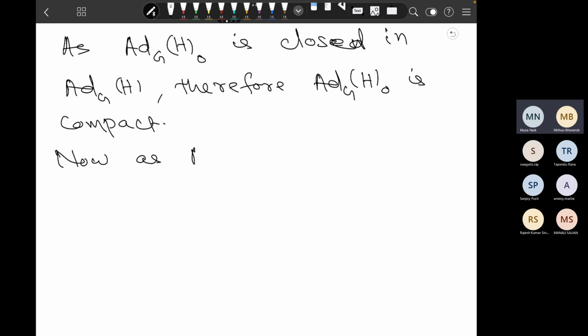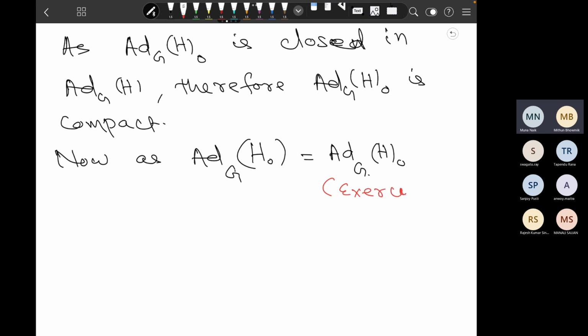as RGH0 is equal to really RGH0. Sorry, I should write this thing. RGH0 is equal to RGH0. So this requires a little bit of work. You can do that. Okay. This is really, you can assume that, or you can take it as an exercise.